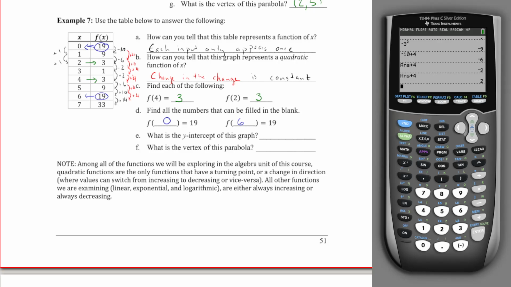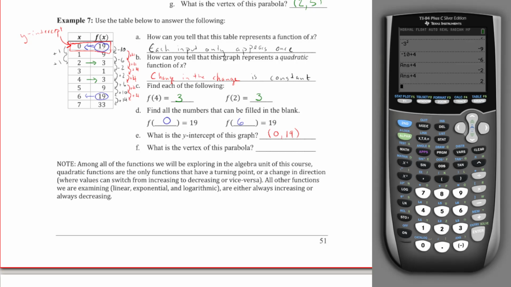If we were to graph this, the y-intercept would be the point with x-coordinate 0. So we can see that the y-intercept is in this row of our table. Our y-intercept is 0, 19.